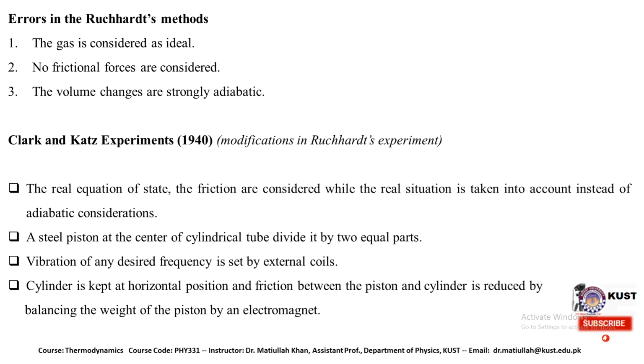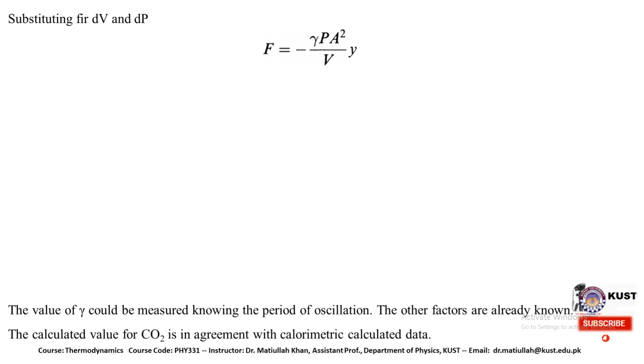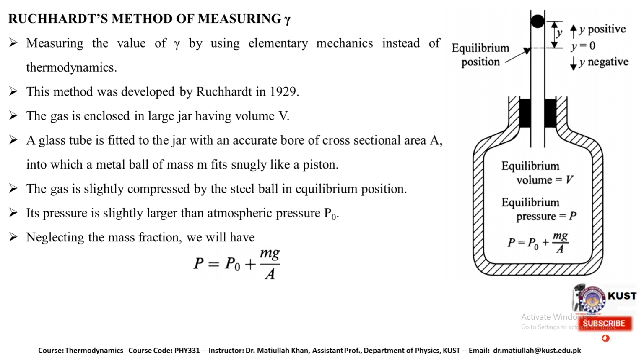I think the accuracy is improved by 3% over the previous experiment, but actually the objective of both experiments was to find the value of gamma, that is the ratio between the heat capacity at constant pressure and the heat capacity at constant volume.